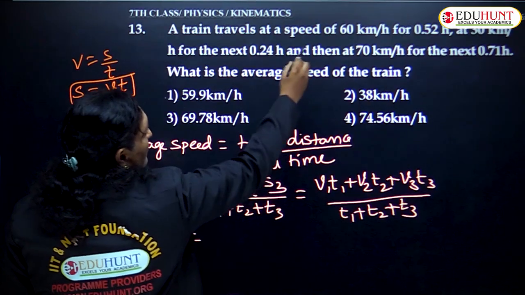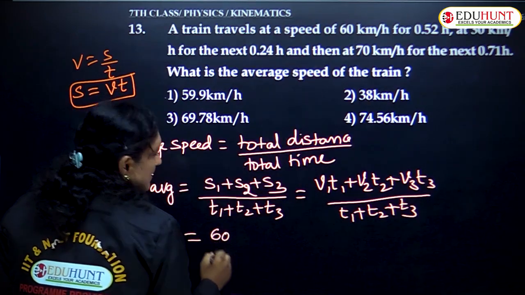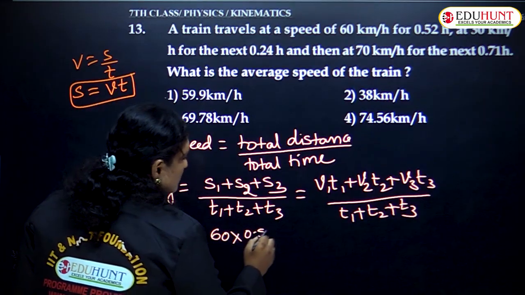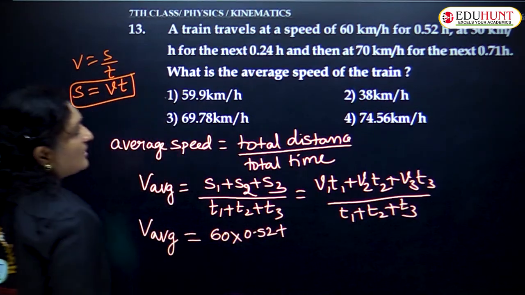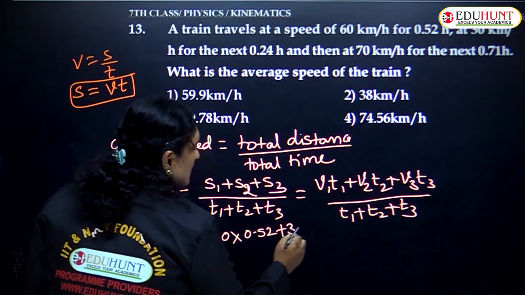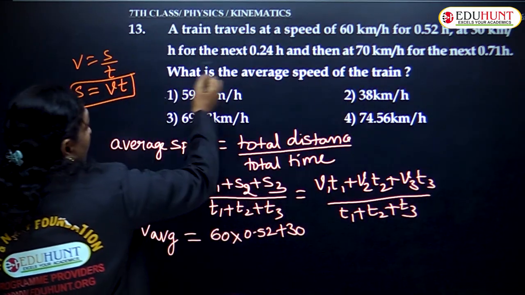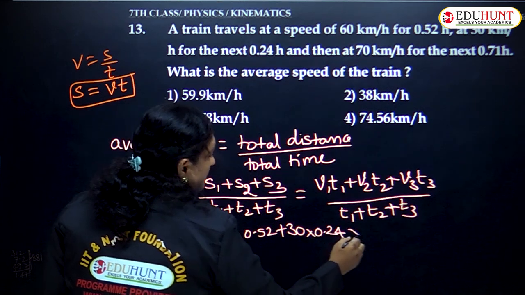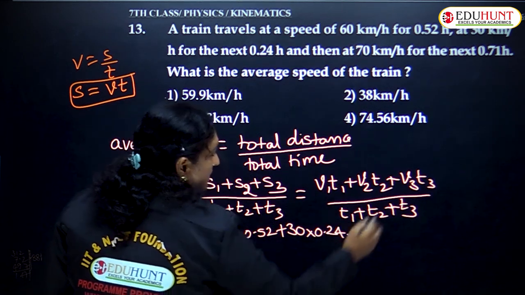What is the value of V1 given, children? 60 km per hour. Time T1 is 0.52 hours plus V2. V2 was given to be 30 km per hour for the next 0.24 hours T2 plus V3.